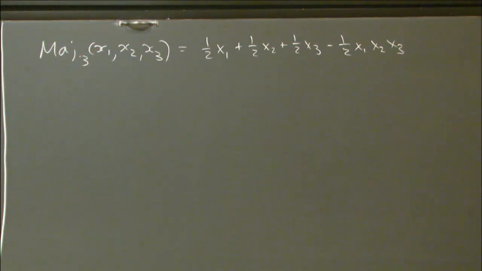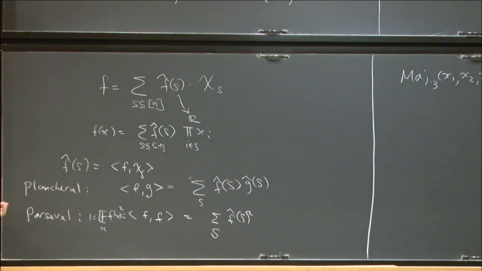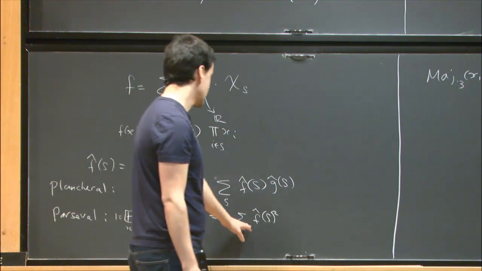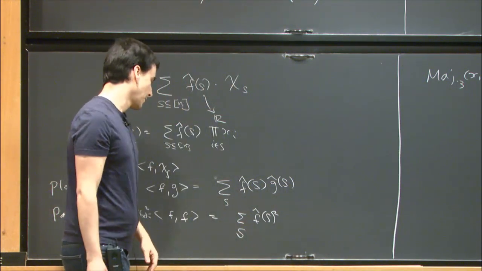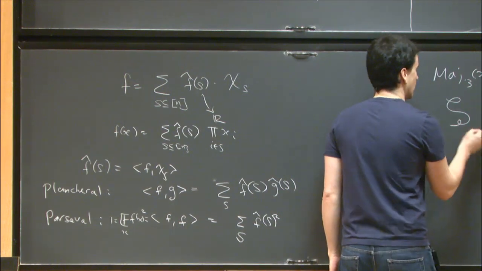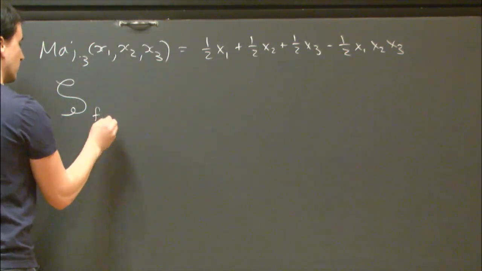Okay. So what's nice about this Parseval identity is that it naturally defines a probability distribution over sets. Since the sum of squares equals 1, I can define the distribution with respect to a Boolean function.